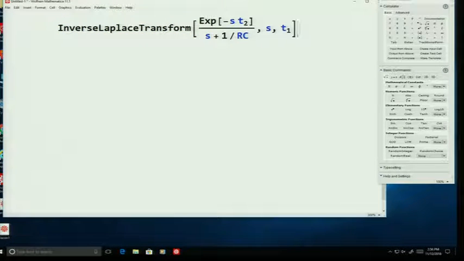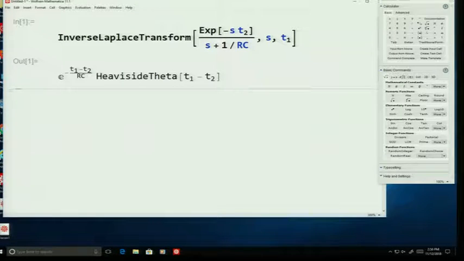There it is. That assumes T1 is greater than T2. You know what Heaviside theta is?